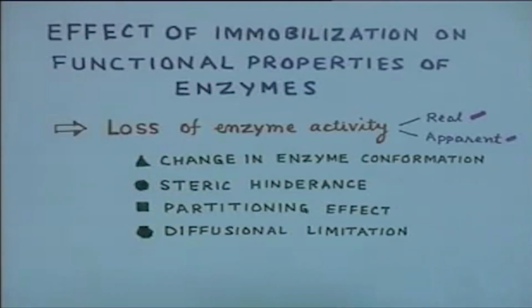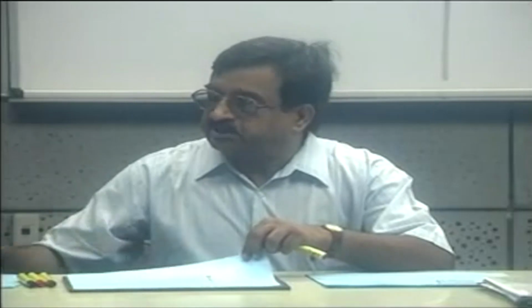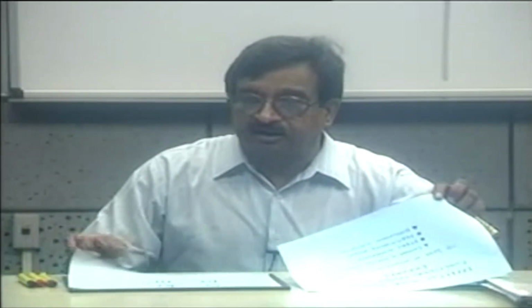Now, the second factor responsible for loss of enzyme activity is steric hindrance. In many cases the immobilization process might reduce the access of the substrate molecule to the enzyme active site. You have achieved a good binding, but the enzyme active sites are hindered from access to the substrate molecule.